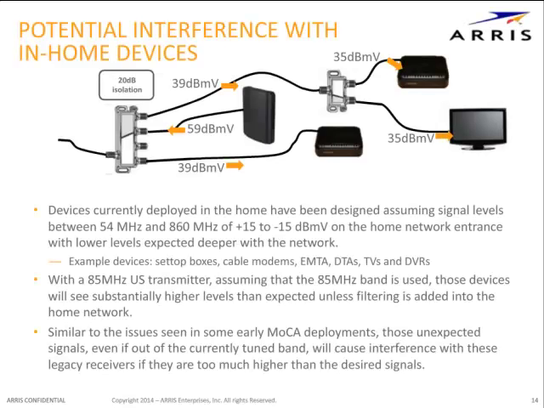First, within the home, there's the potential for interference with the in-home devices. If you have a cable modem that's transmitting, and for illustration purposes, I've used the maximum transmit level across 24 megahertz, which works out to 59 dBmV across 6 megahertz.